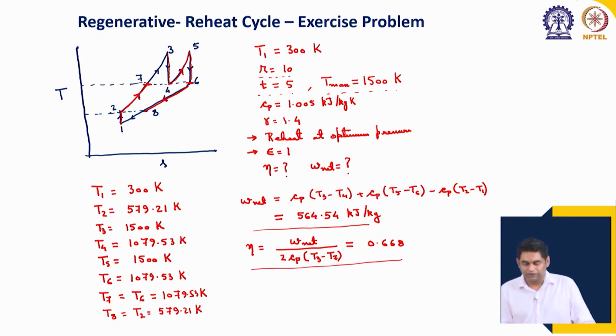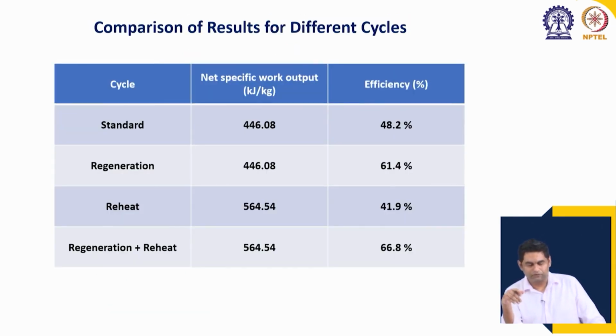Okay. So, if I want to summarize, this is how we should solve all these problems related to Brayton cycle and these modified Brayton cycles. Okay. All these modifications are useful for industrial gas turbine. We will later see under what conditions those are applicable, what are the advantages, disadvantages.